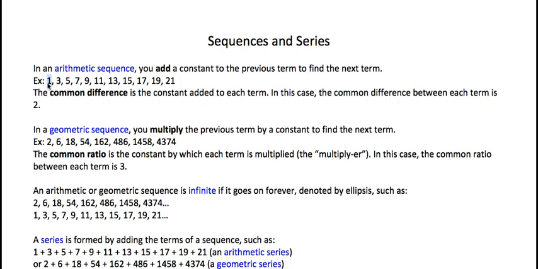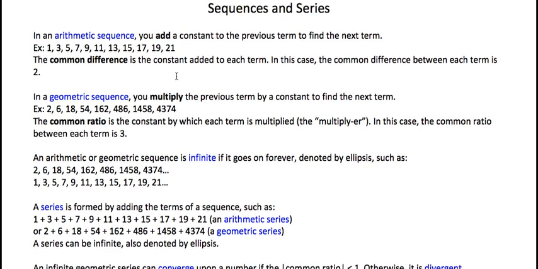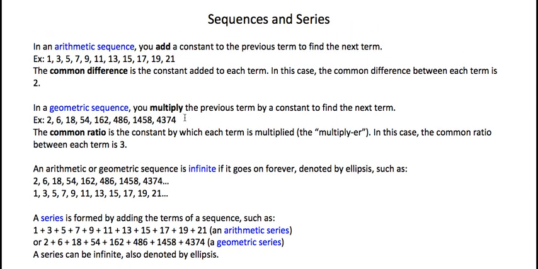So in this case, 1 plus 2, 3 plus 2, 5, etc., all the way to 21. And the number that you add is called the common difference. In a geometric sequence, you do the same thing as an arithmetic sequence, except you multiply. 2 times 3, 6, times 3, 18, etc., all the way to 4,374.